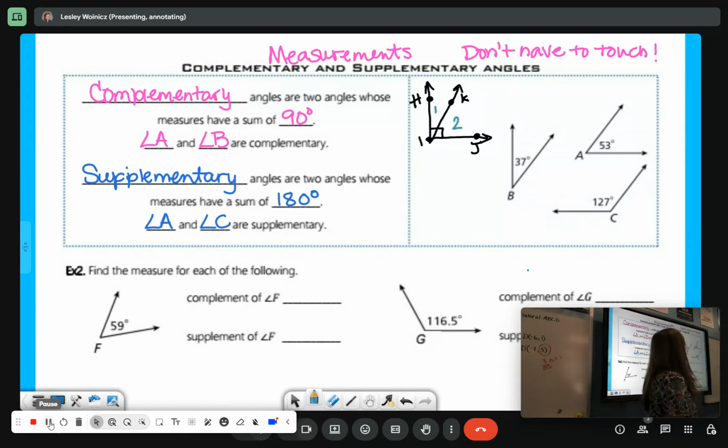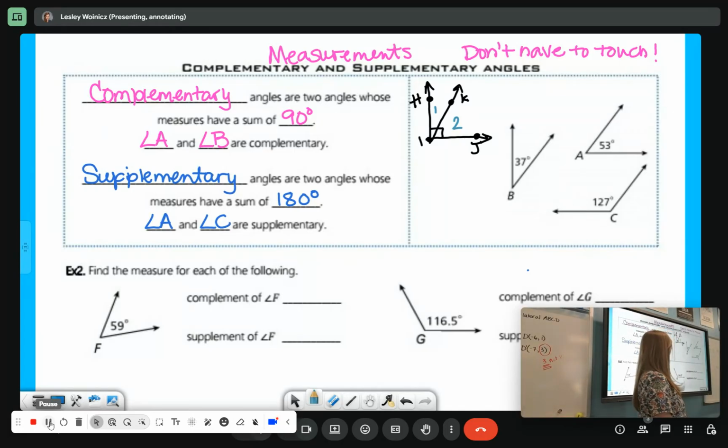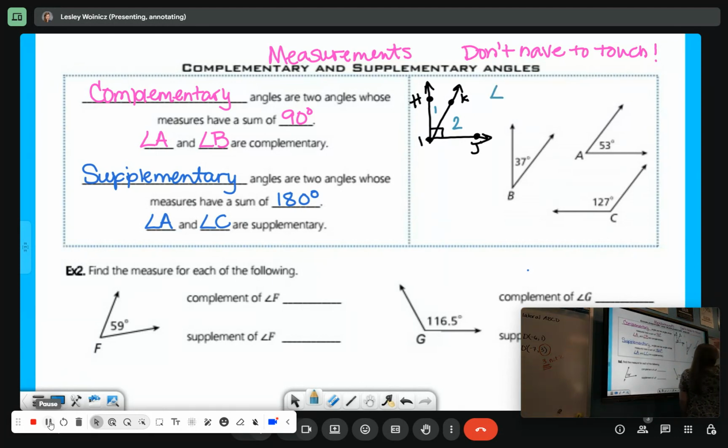So if I have a 90-degree angle that is being chopped by a ray, like ray IK, what do I know about angle 1 and 2? They add up to 90. They are adjacent, and they are complementary. Angle 1 and angle 2 are complements. They complement each other. Okay, they are complementary.